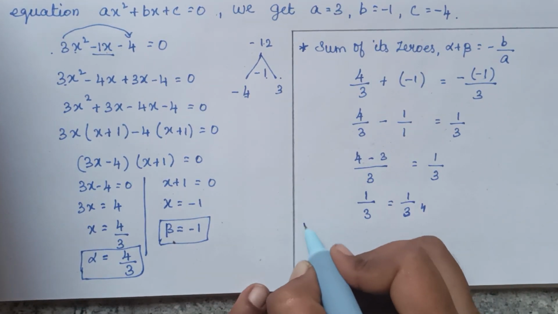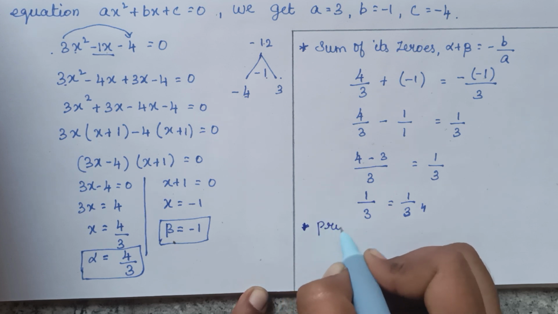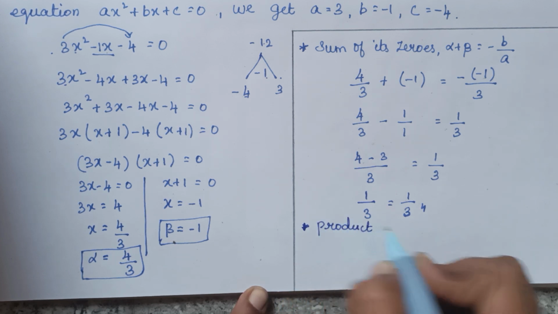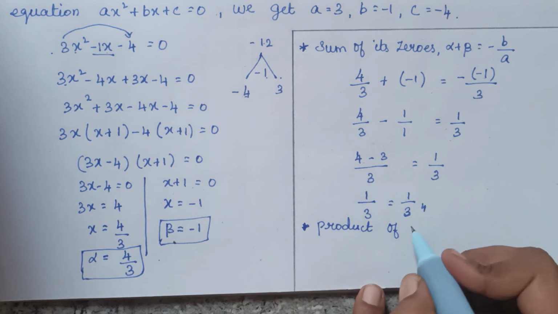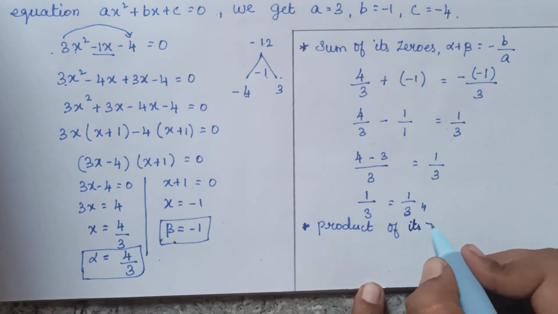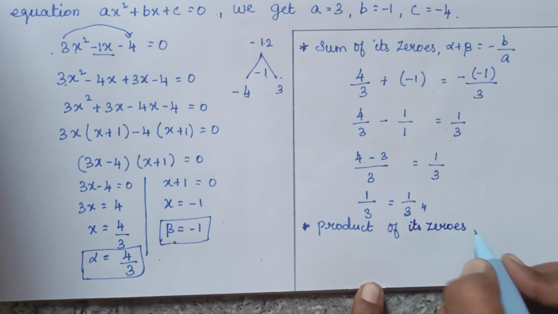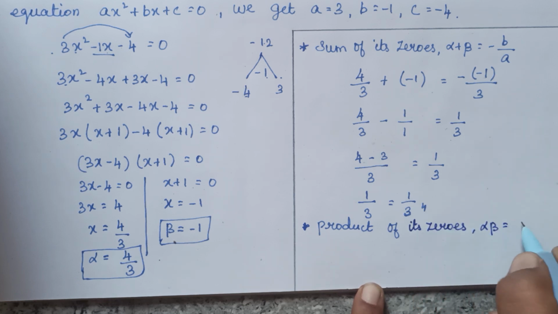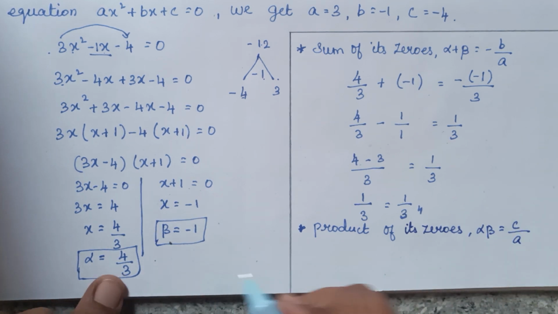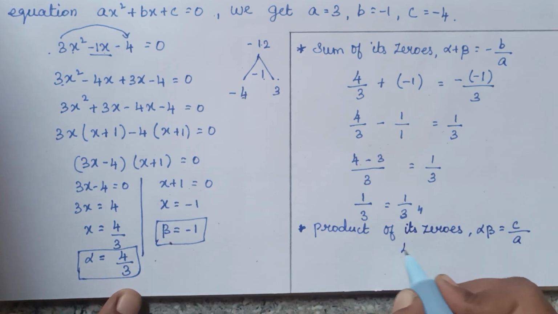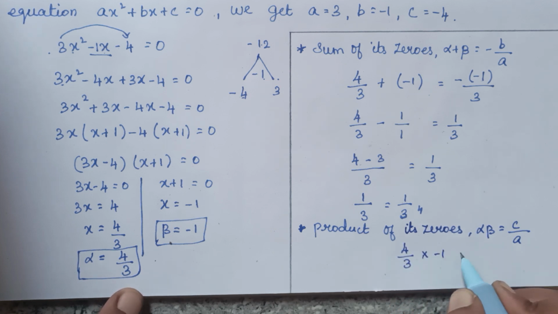Next, product of its zeros, that is alpha into beta is equal to c by a. Okay. Now we know the value of alpha, that is 4 by 3, into beta value is minus 1, is equal to c.